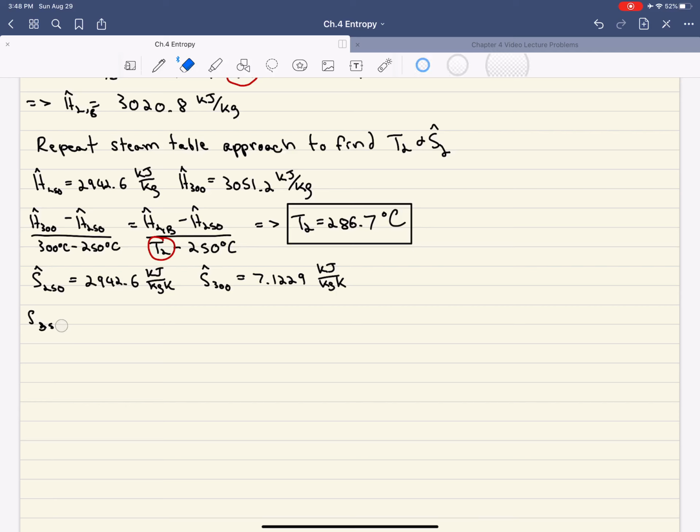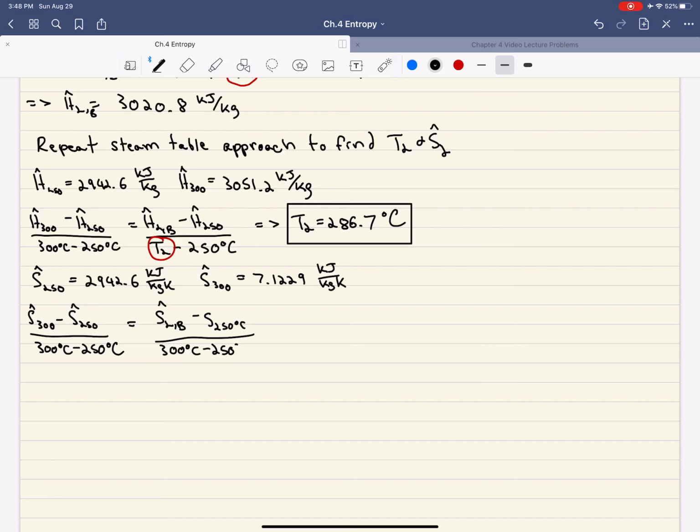Let's interpolate. S300 minus S250 over 300 degrees C minus 250 degrees C is equal to S2 part B hat minus S250 divided by 300 minus 250.